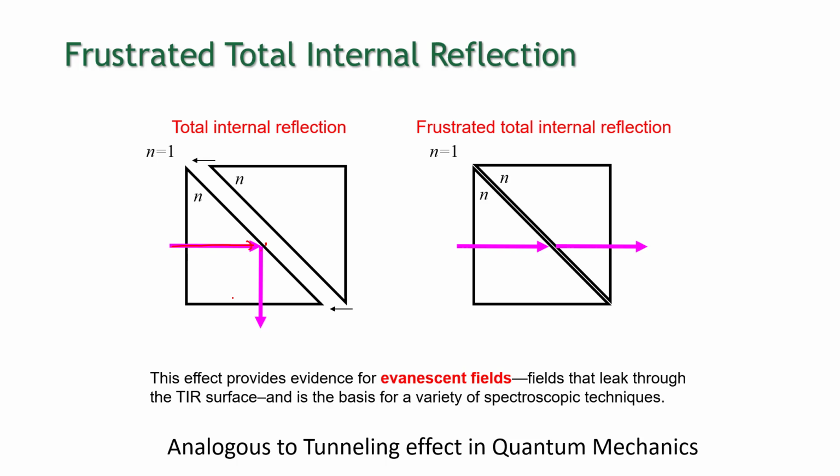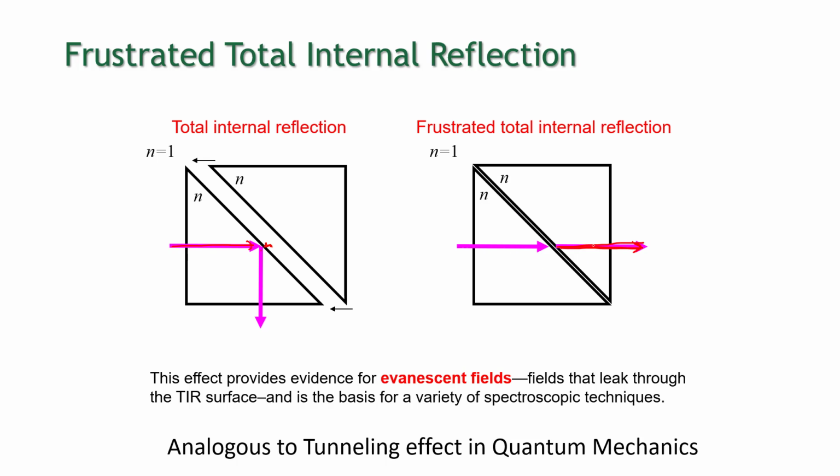But if you bring another medium very, very close to this medium, you will see the electric field up to a certain distance, up to here. So if you bring this pretty close to this prism, closer than the distance within which it decays, then this will just show up here. Instead of decaying, now it will travel in this medium.